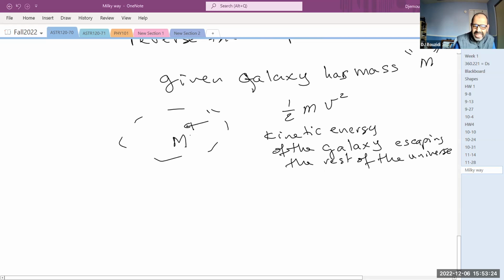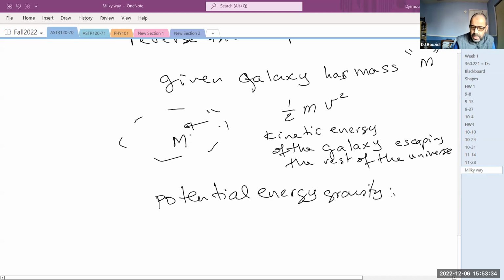I'm going to require that this interaction, remember the potential energy due to gravity only, that's the only thing that matters at this point, is equal to G times the mass of this escaping galaxy.